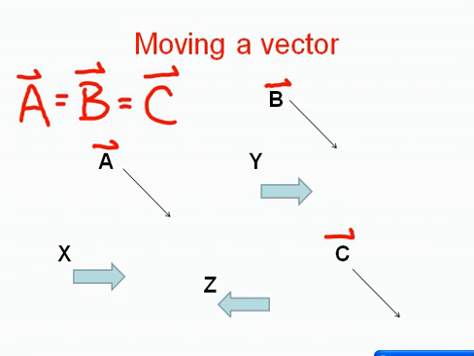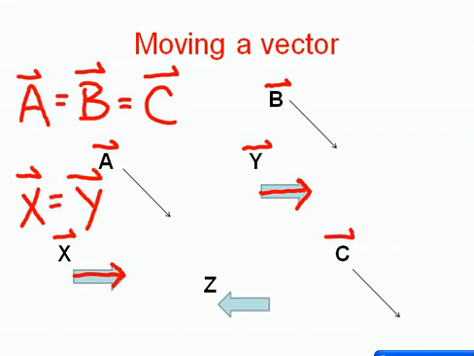Now take a look at the two vectors here, X and Y. That X is that long, and it's got its arrowhead, and Y is that long, has its arrowhead. That vector X would be equal to Y because they're both the same magnitude or length, and they're going in the same direction.